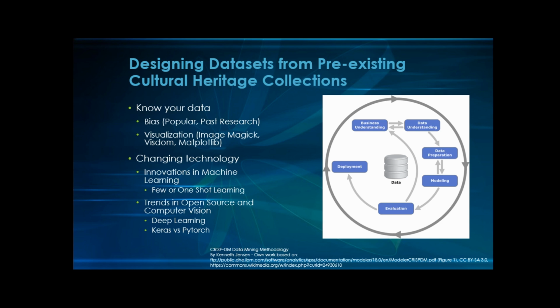I would say that some of the most important things I took away were: know your data, know what sort of bias there is, what objects are most popular and thus most photographed, and what past research has been done. Again, I have a lot of scarabs in my data set just because someone at some point went in and photographed a lot of scarabs.